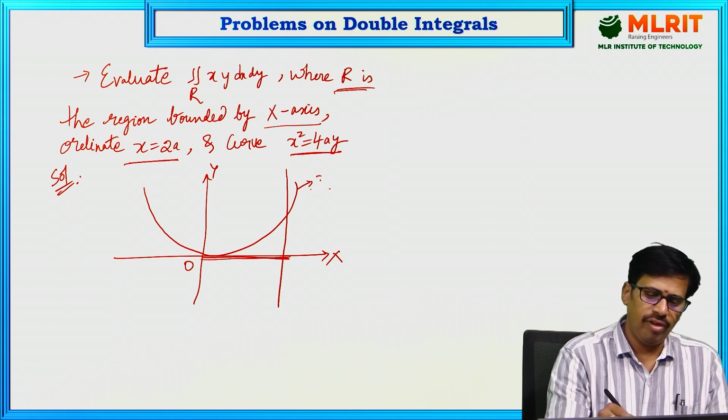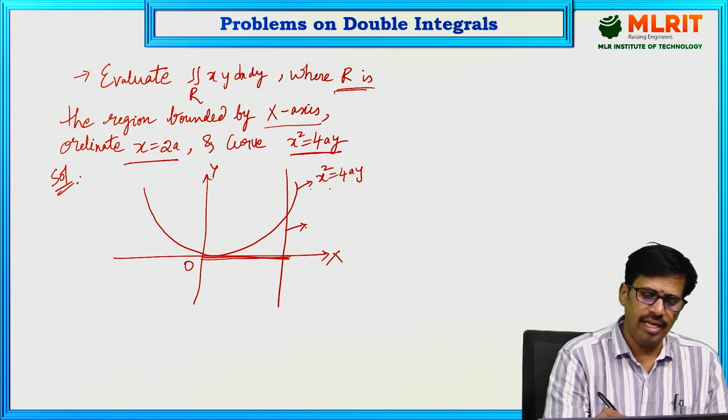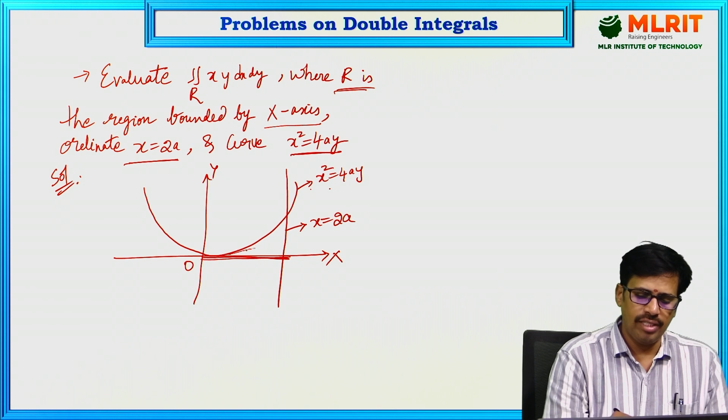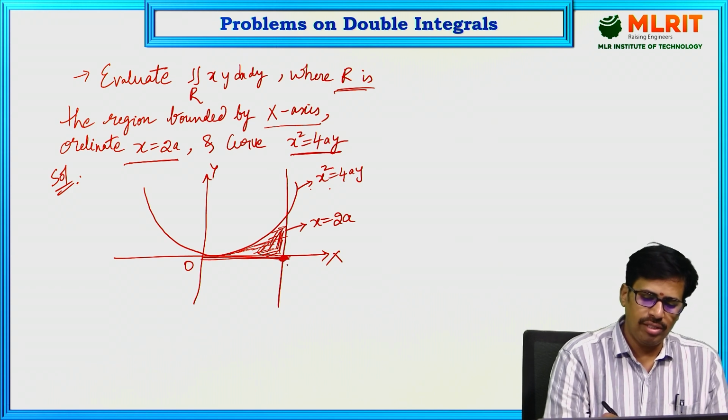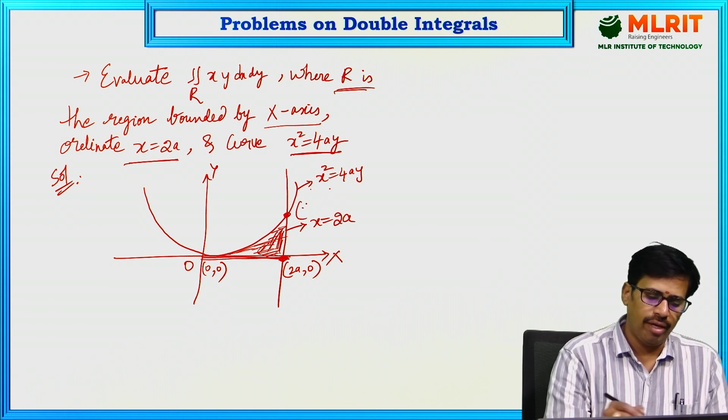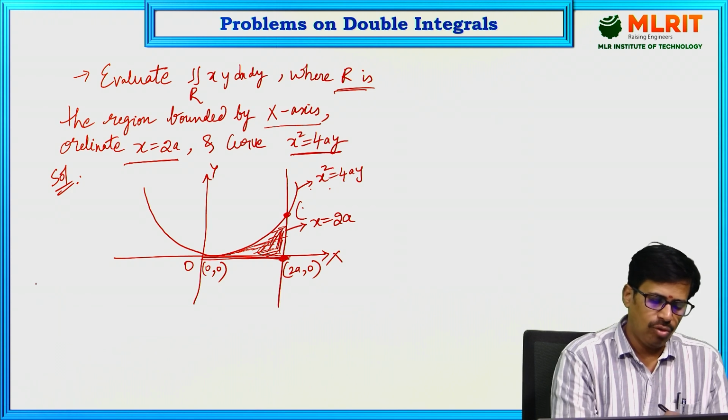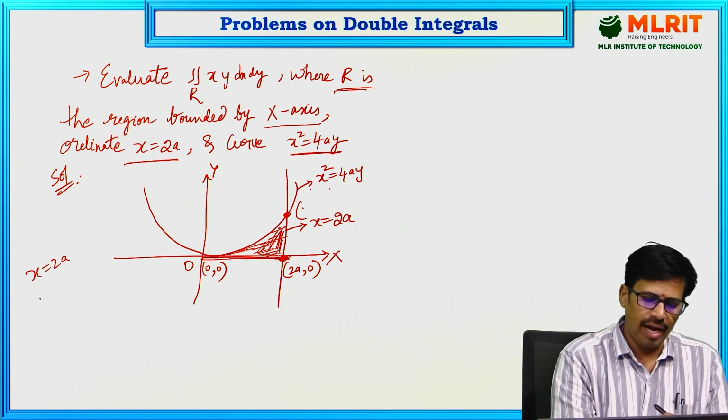This curve is given by x square equal to 4ay, and this line is given as x equal to 2a. So this is the region of integration we have to find. So this point is 2a comma 0, this is 0 comma 0, and this point is x is 2a.